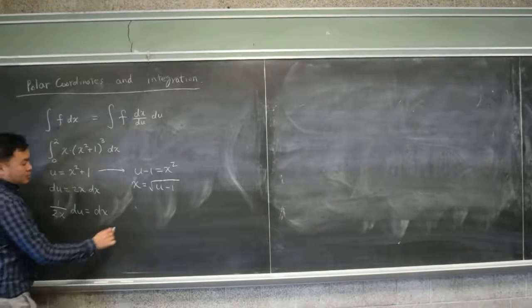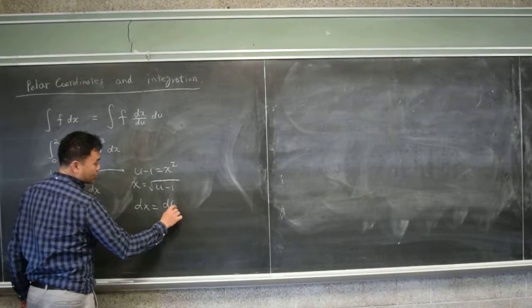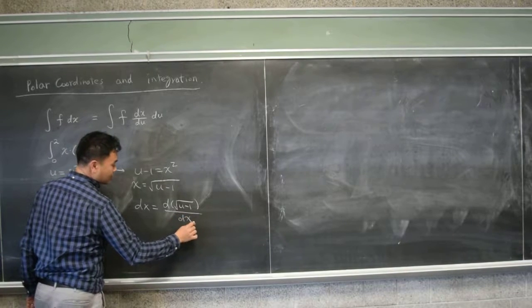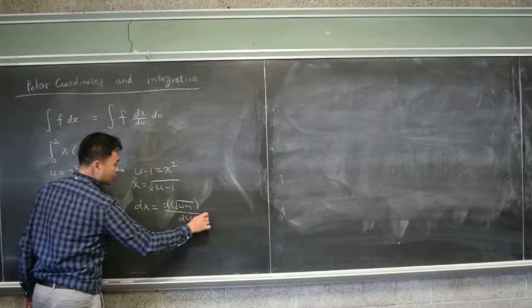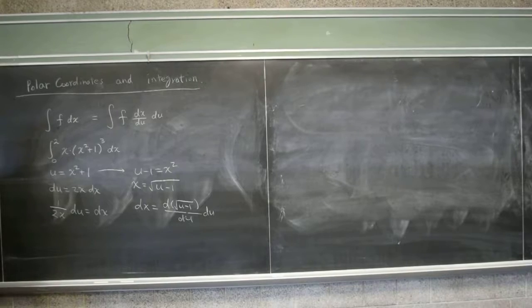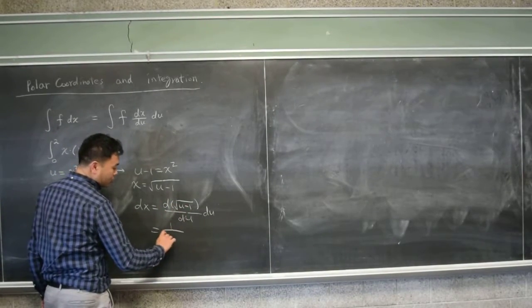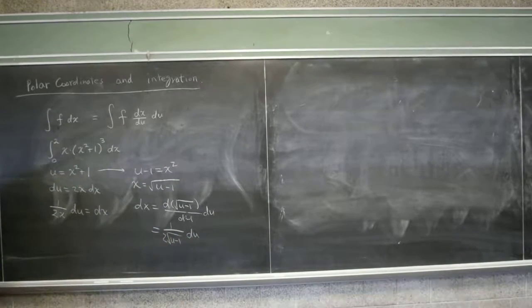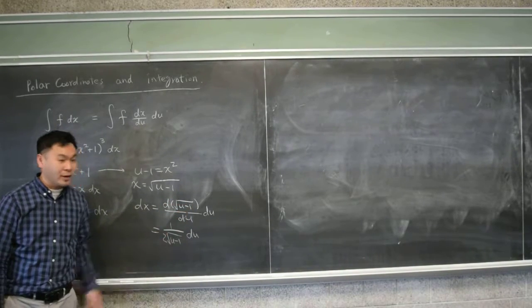And then dx is equal to the derivative of this with respect to u, du. The derivative of this is 1 over 2 times the square root of u minus 1, du, just by using the chain rule.